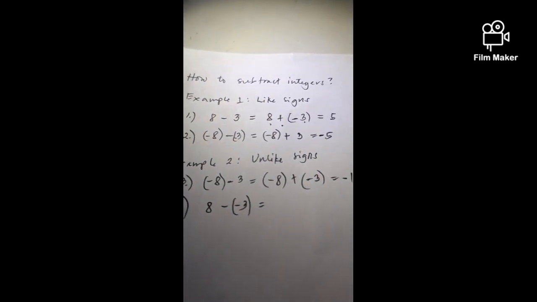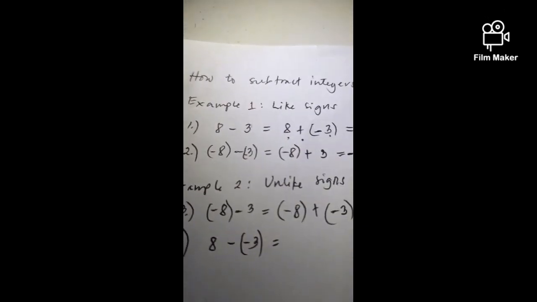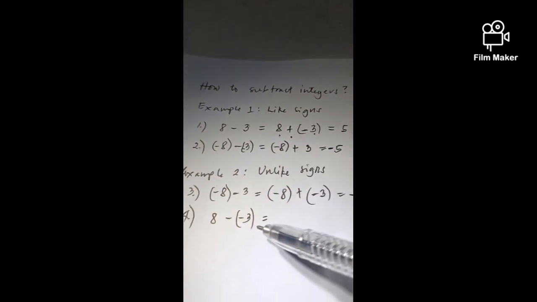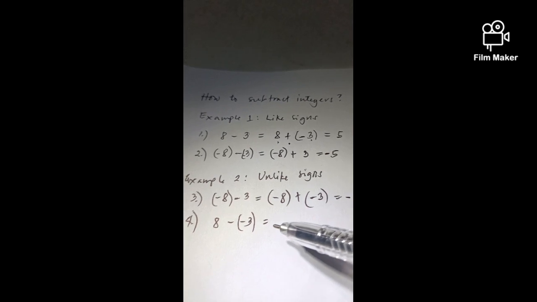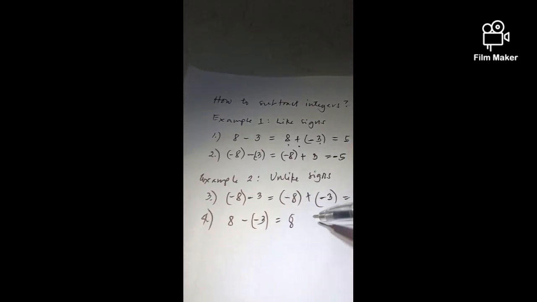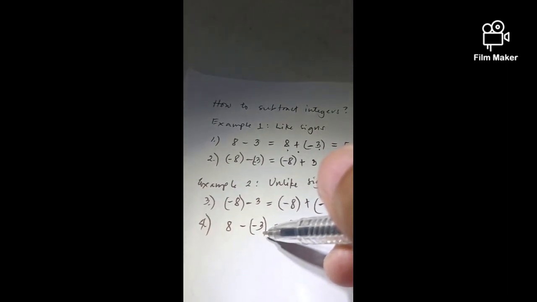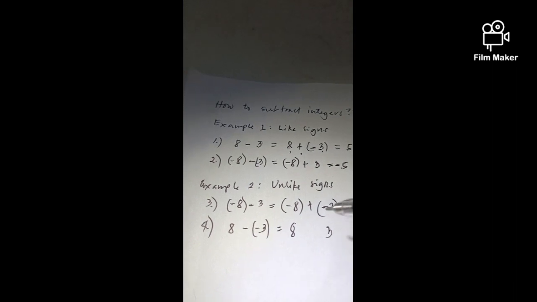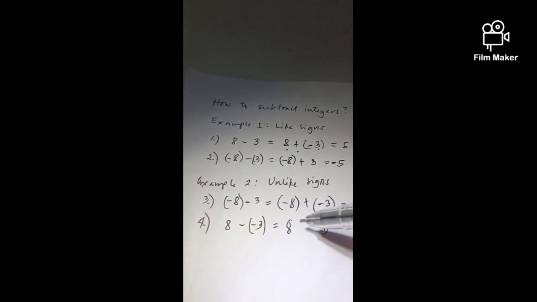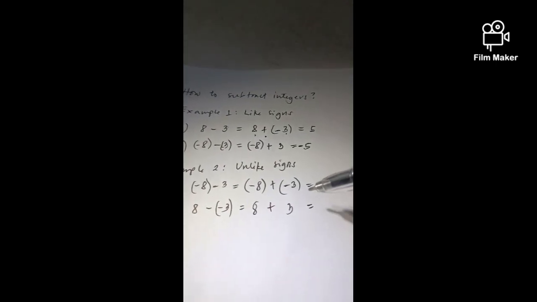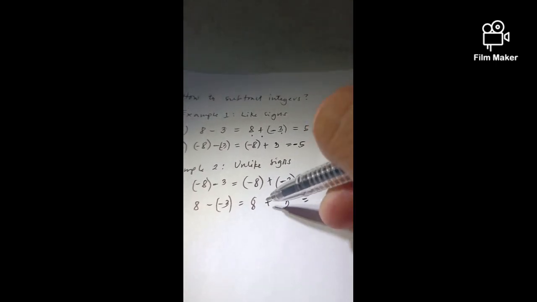Now, dito tayo. 8 minus the negative 3 equals, again, we copy the minuend, positive 8. The subtrahend negative 3 will become positive 3. And then, we proceed from subtraction to addition. So, nandito tayo ngayon sa addition of like sign integers.